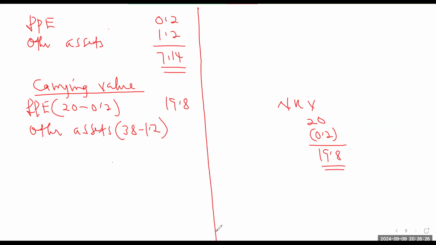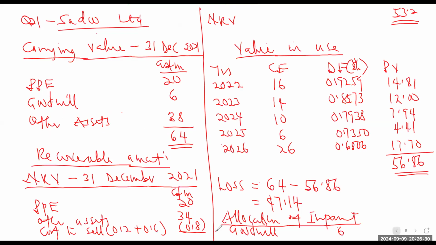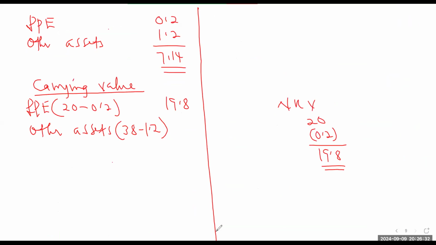The difference is 1.14. So this will be 0.94. Correct. Okay. Thank you. So this will be 0.94. So what are we having?